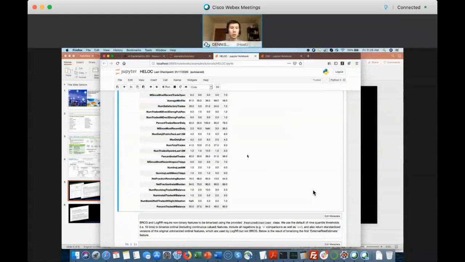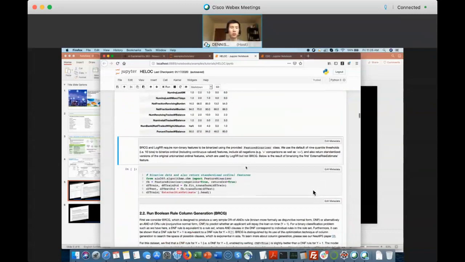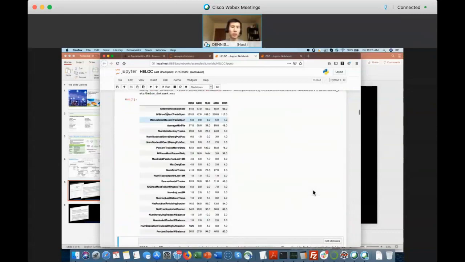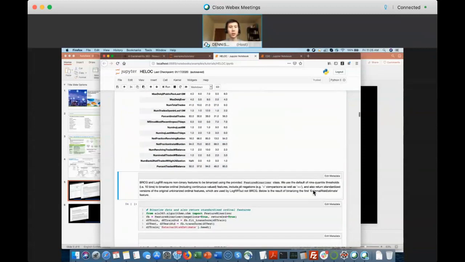Okay, so then the next thing we have to do with this data, we can take a glimpse at some of the feature values here too. As I said, there are, I think, 23 features. They're all numerical, aside from these NaN values, as you can see. So the first thing we actually have to do for these two algorithms is that they take binary features as inputs.